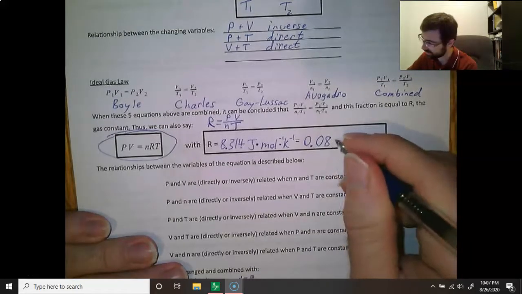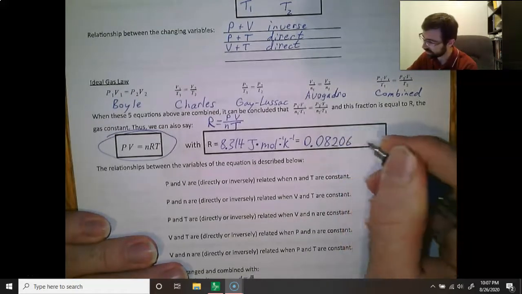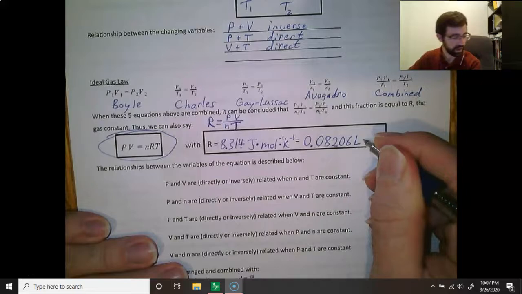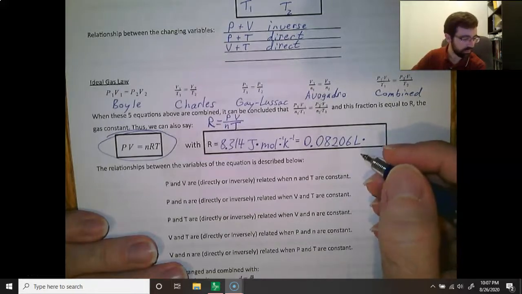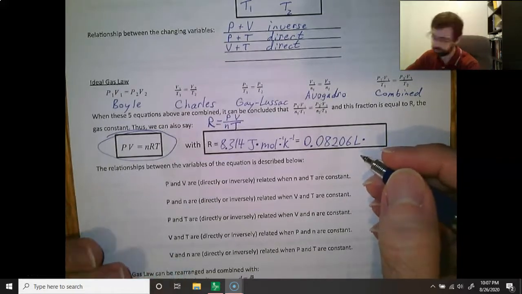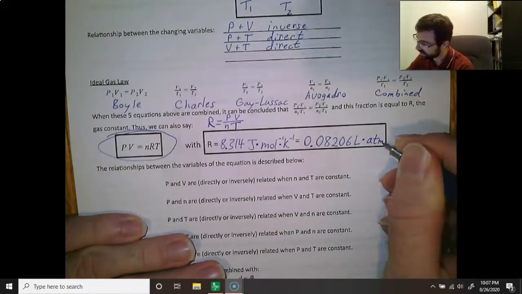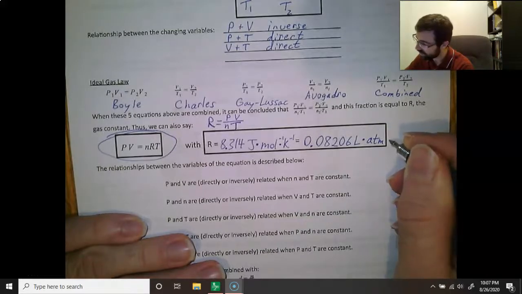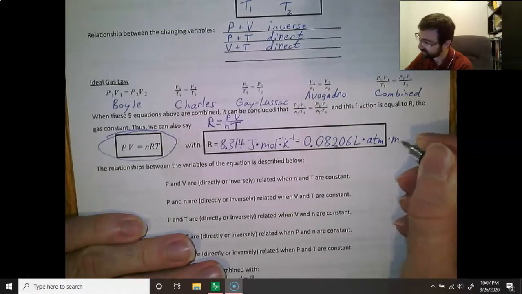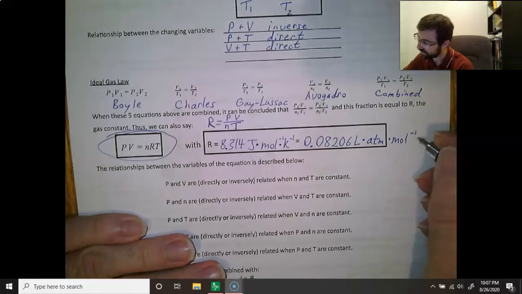0.08206 liters times atmospheres, inverse moles, inverse kelvins.